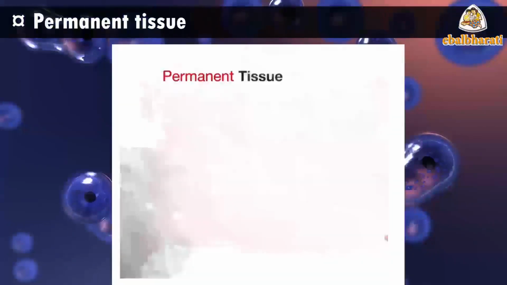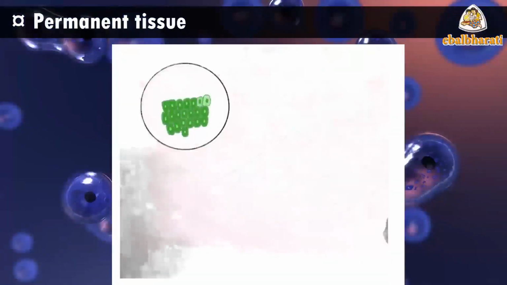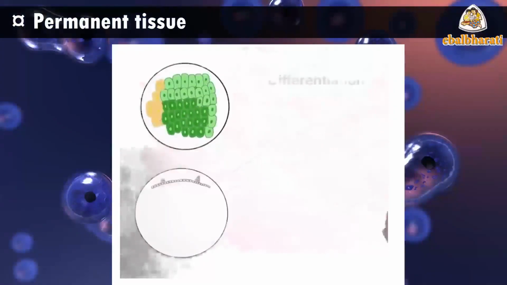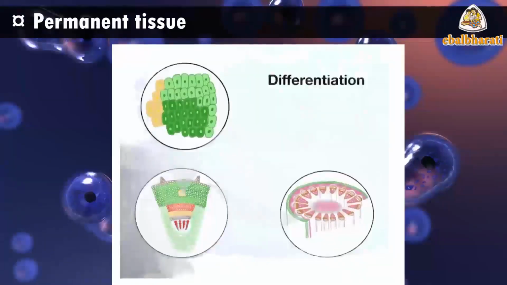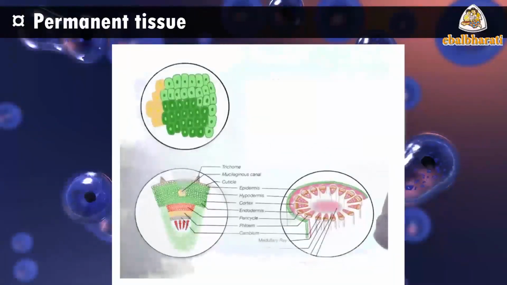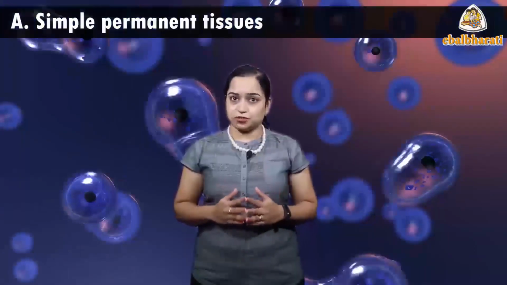Permanent tissues. This is a group of cells which have lost the capacity of division and acquired a permanent size, shape and functions. It is due to different morphological, physiological and functional changes that occur during maturation of the cell. Simple permanent tissues.